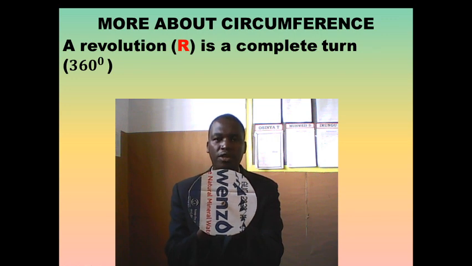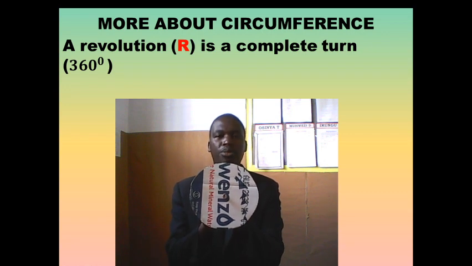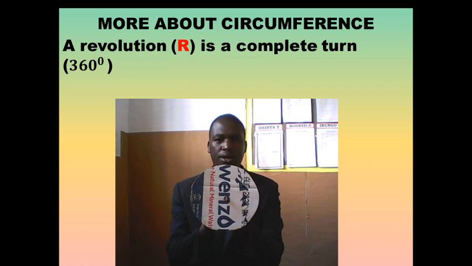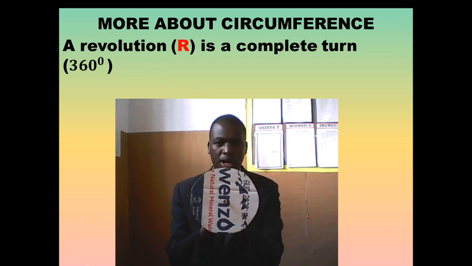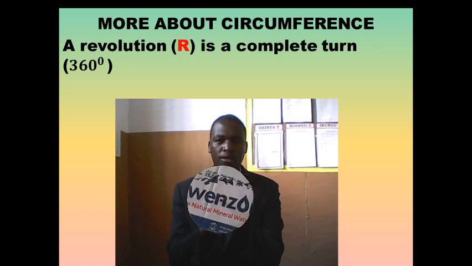So when we say a revolution is a complete turn at a total angle of 360 degrees, and I make a turn from here, my letter W is facing the center. When I make a complete turn, I should come back up to that point. Look at this.